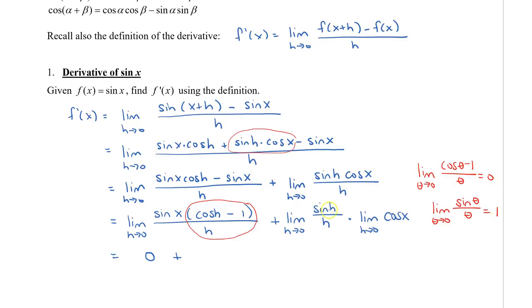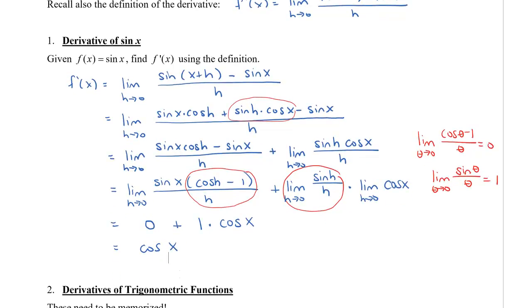So that means this whole piece is 1. So plus 1, and then we have h going to 0, and we're going to plug that into here. Oh, actually, there is no h. So we would say this is cos x. So that means that f prime of x, when we simplify all of this, is cos x. So we can conclude that the derivative of sine x is equal to cos x.